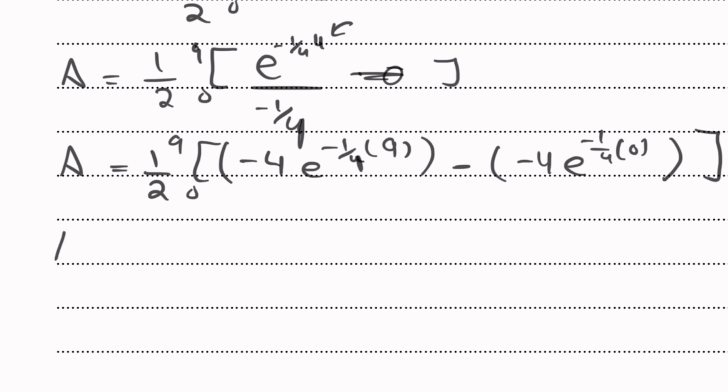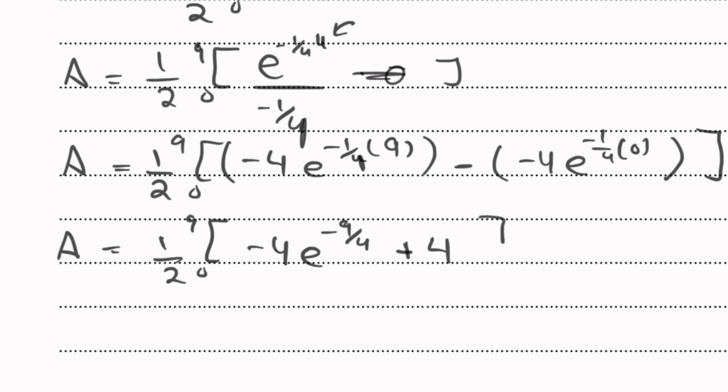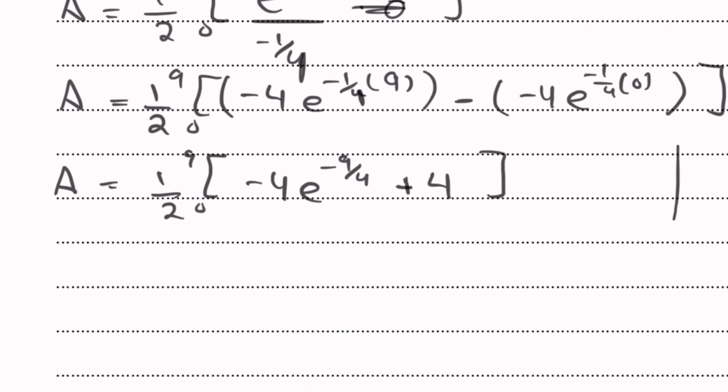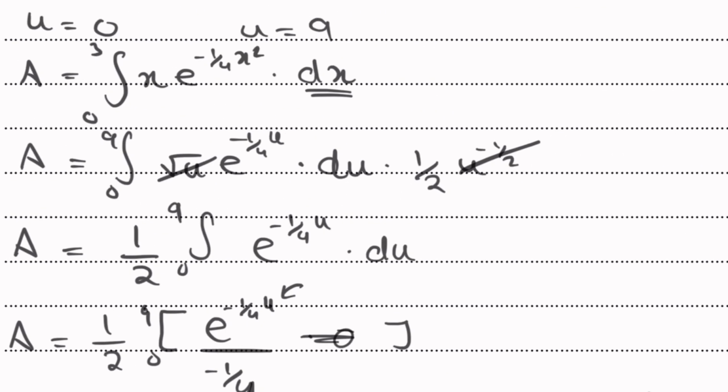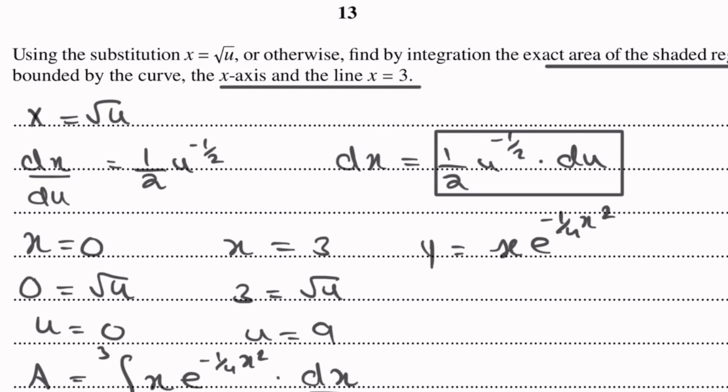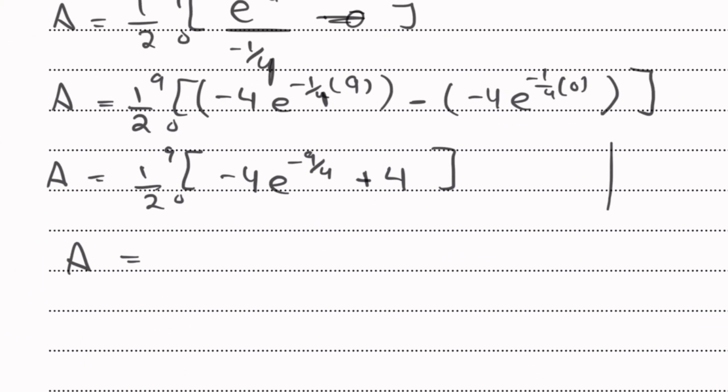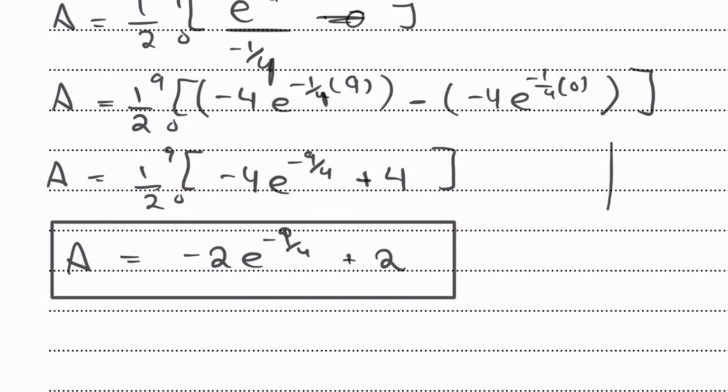Then you're going to get area equal to 1/2 from 0 to 9, negative 4 e to the power of negative 9 over 4, and then minus becomes plus e to the power of 0, which is 1, so it's plus 4. And so the overall area, if he wants the exact value, is 1/2 times negative 4 e to the power of negative 9 over 4 plus 4, which is negative 2 e to the power of negative 9 over 4 plus 2, and that's going to be the area.